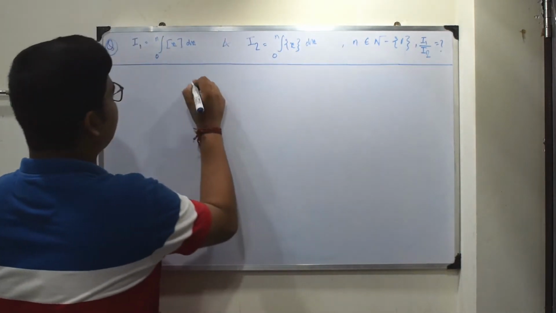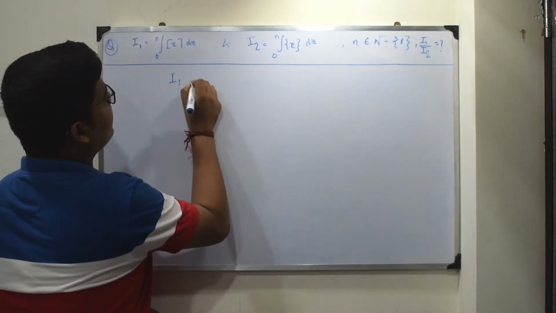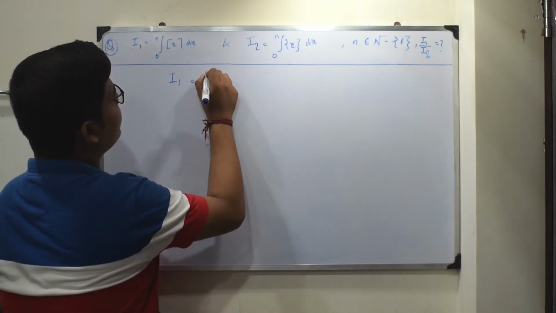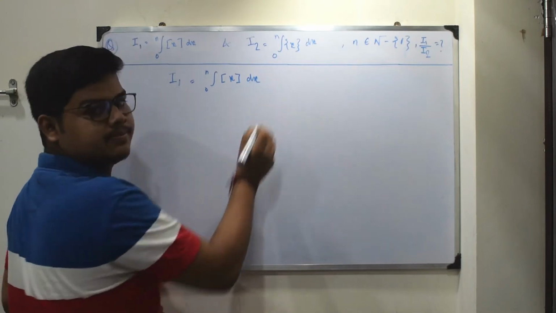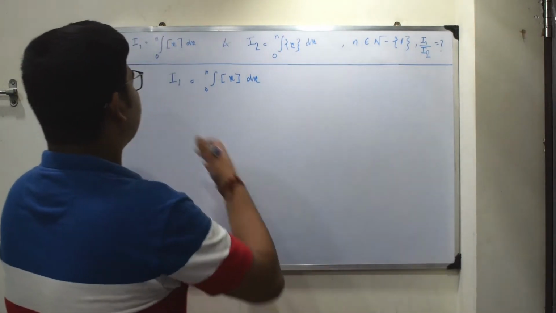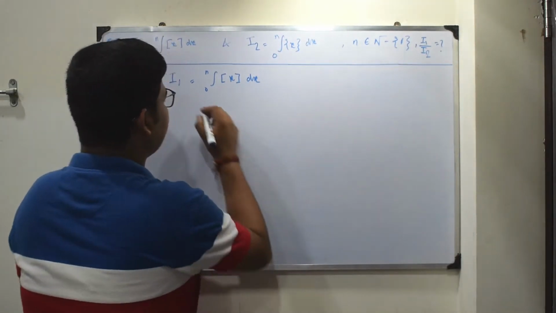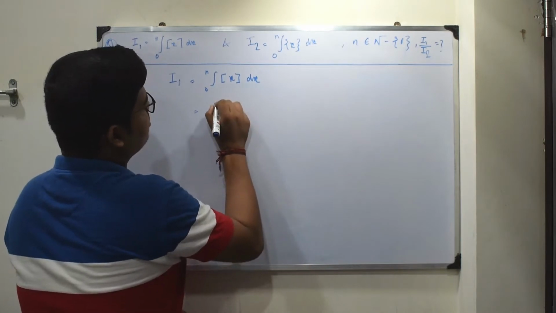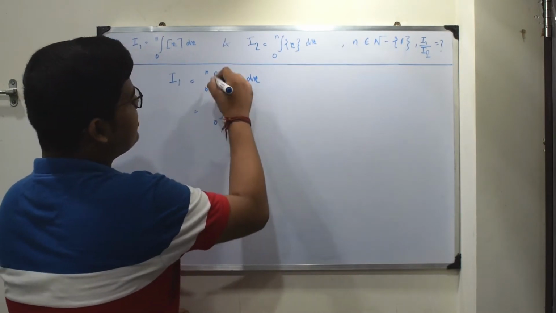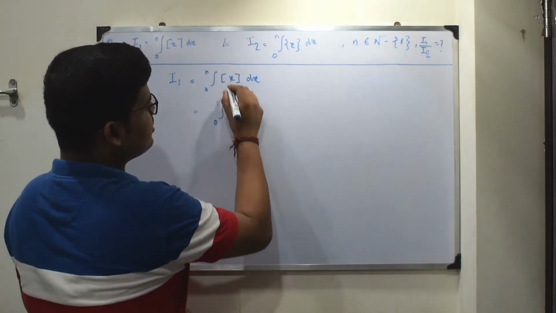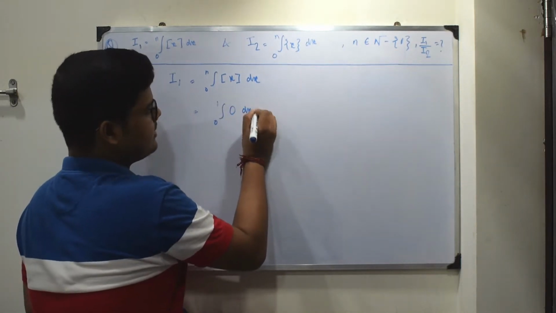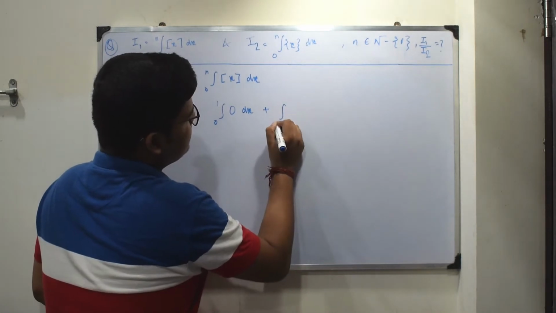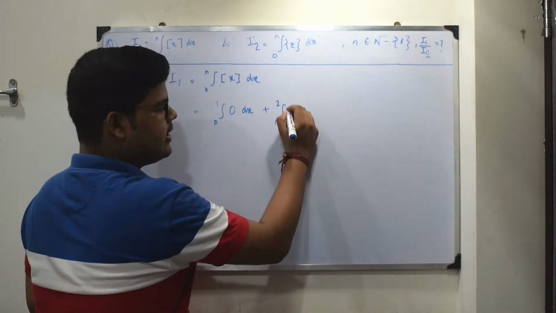So it is told I1 is integration of 0 to n of the greatest integer function of x dx. Alright, so let's just split it. From 0 to 1, the greatest integer function between 0 and 1 will be 0 dx, plus from 1 to 2 it would be 1 dx.